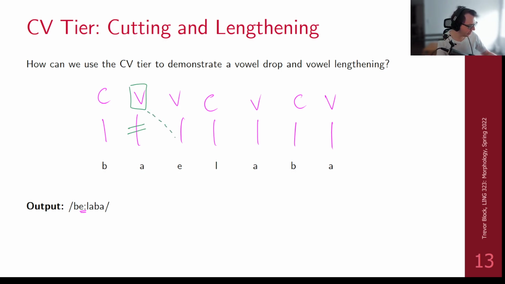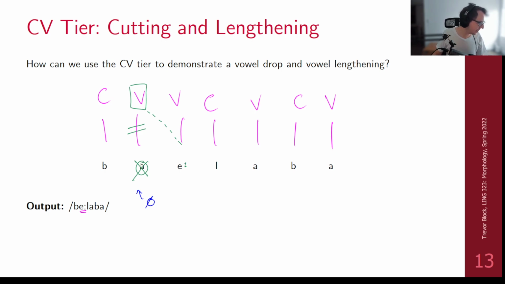Well, we spread it to the nearby vowel, causing this a to become lengthened. And because we delinked the first vowel, it now disappears and we end up with be, laba. So this is how this change can be described with a CV template. So we do have a bit of a rule here in that the first vowel either has to be gone or it has to change. It just cannot be a vowel.